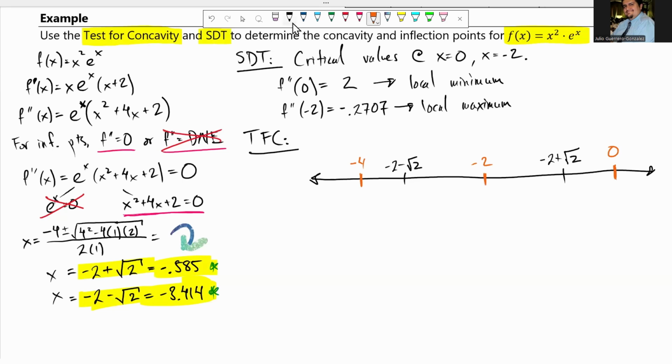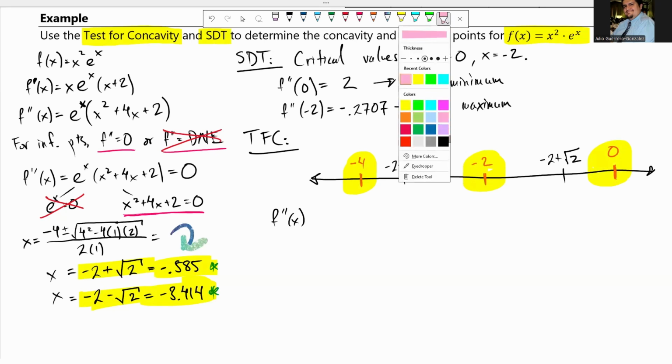Like I said, I am concerned with f double prime of x at these three values.